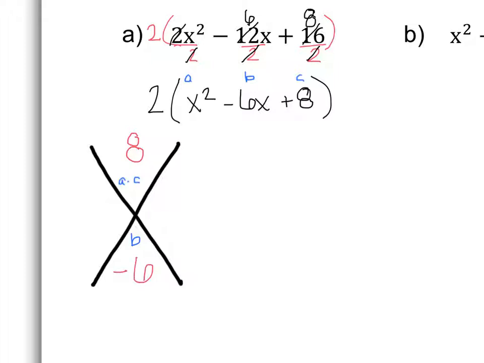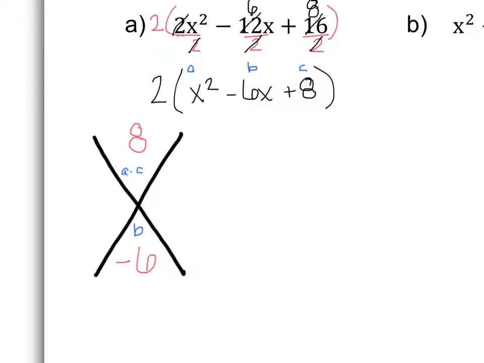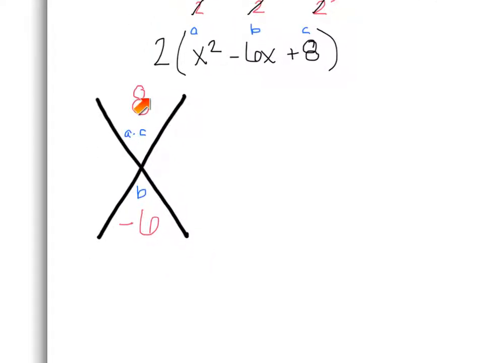All right, we're doing good. Now, what numbers multiply to get 8, add to get negative 6? Honestly, I think the best way to think about this is just take 8 here and list out numbers that multiply to get 8. So like 1 and 8, negative 1, negative 8, 2 and 4, negative 2 and negative 4.